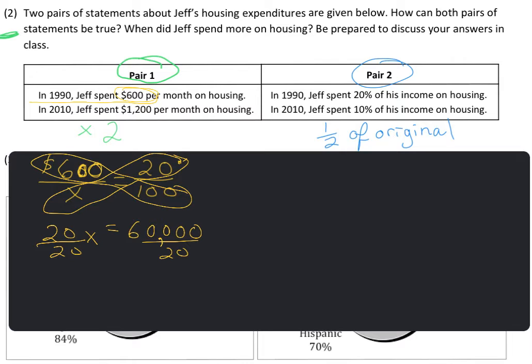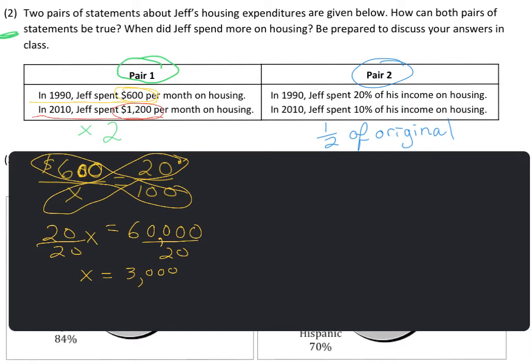So his income at that time was only $3,000.